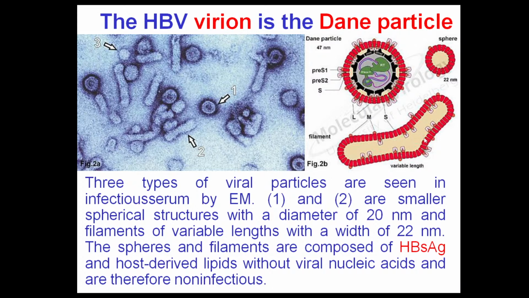And there are no nucleic acids inside, so it means those two types of particles are non-infectious. The only true virion, called the Dane particle, is infectious because it contains the genome, the polymerase with reverse transcriptase activity, the core, and the surface glycoprotein, so all the elements needed to perform replication in the host cell.